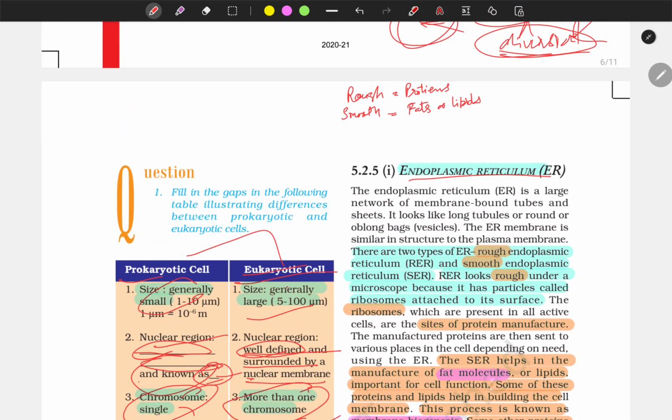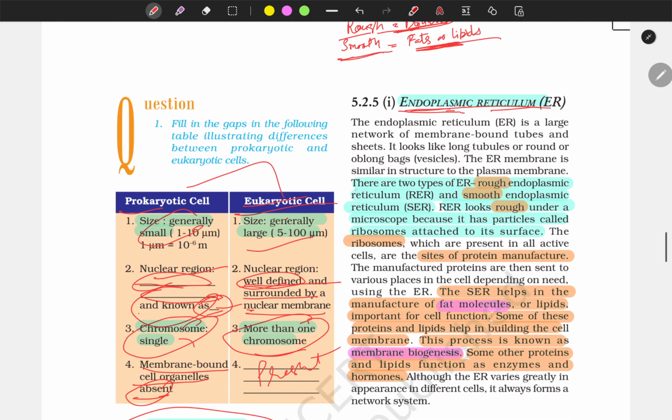Let us first study the endoplasmic reticulum. Before that, just learn that rough goes with protein, and smooth goes with fat and lipids. So there are two types of ER: rough endoplasmic reticulum and smooth endoplasmic reticulum.